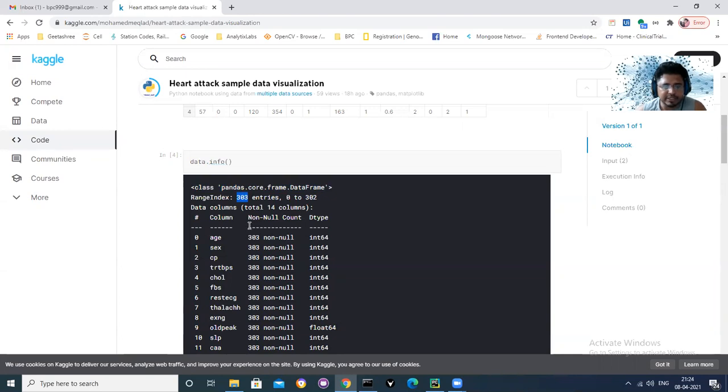I will teach you about out of memory processing in pandas. Suppose this was not 303 entries, but 3 million entries. If I load the entire CSV file into a data structure called data, what will happen? The heart.csv file is on the disk, with 3 million records, so it will be around, let's assume, 2 GB.